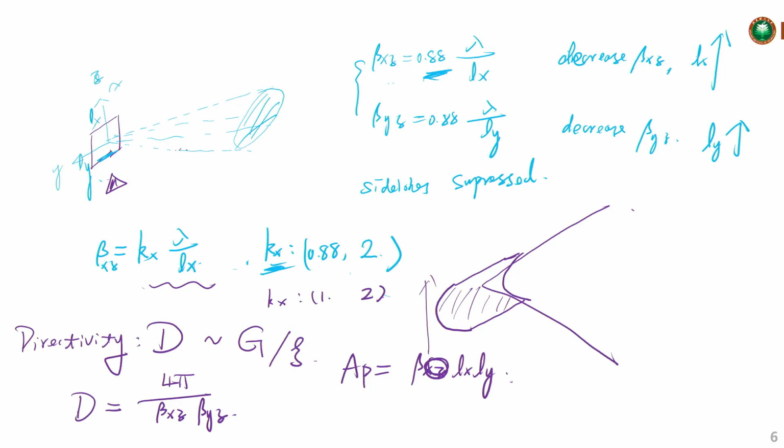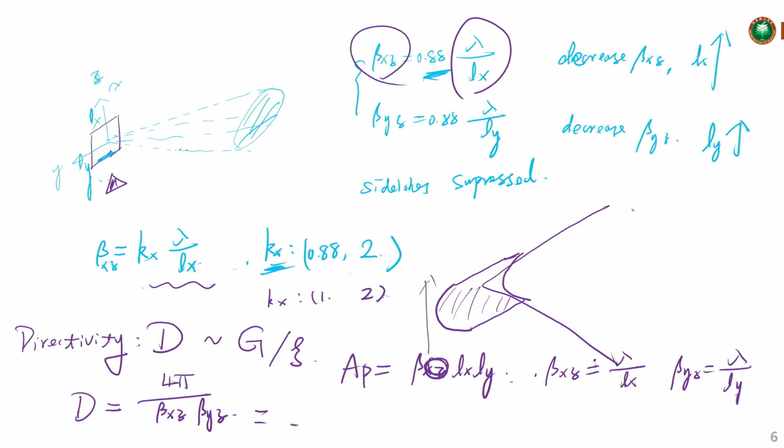The beam widths are roughly 0.88 lambda over Lx and lambda over Ly. So this expression can be written as 4 pi Lx Ly divided by lambda squared, which is 4 pi AP divided by lambda squared.